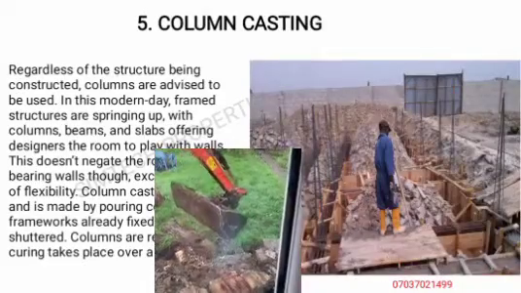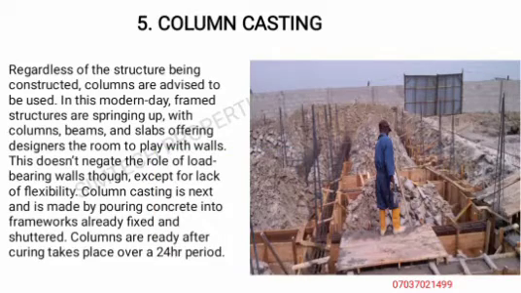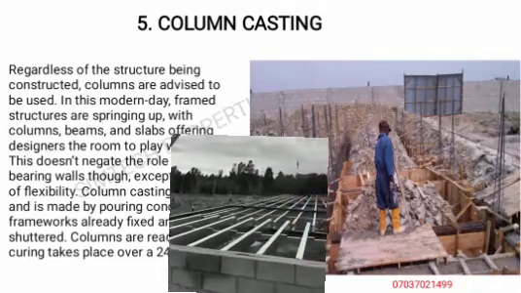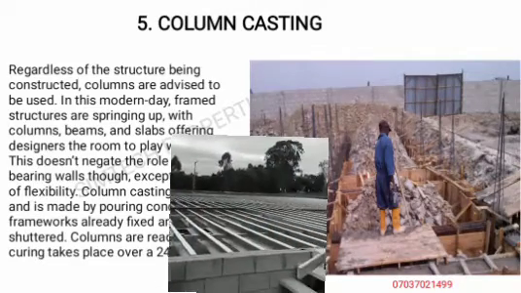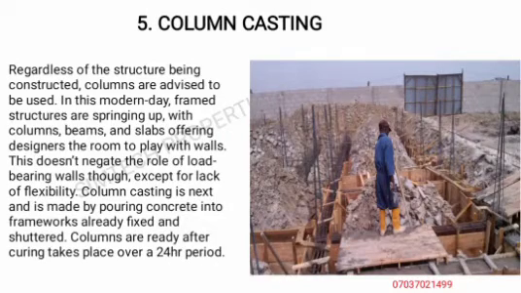Okay, number 5 is the column casting. Now this column casting simply means that regardless of the structure being constructed, columns are advised to be used in this modern day frame structure, springing up with column beams and slab offering. Now with this column casting, it will divide the room from the parlor.